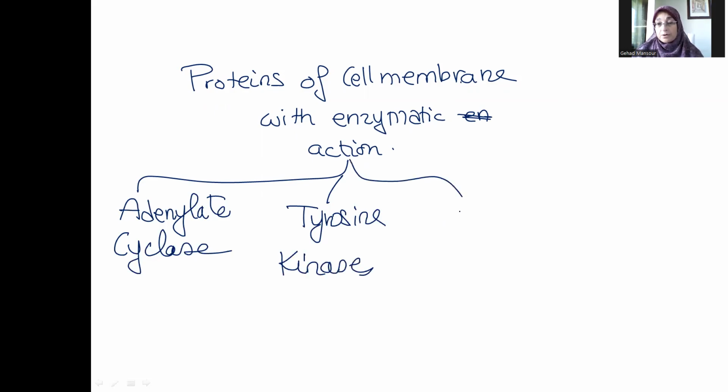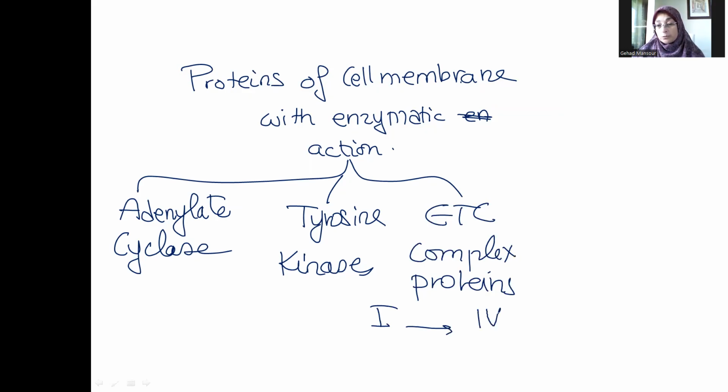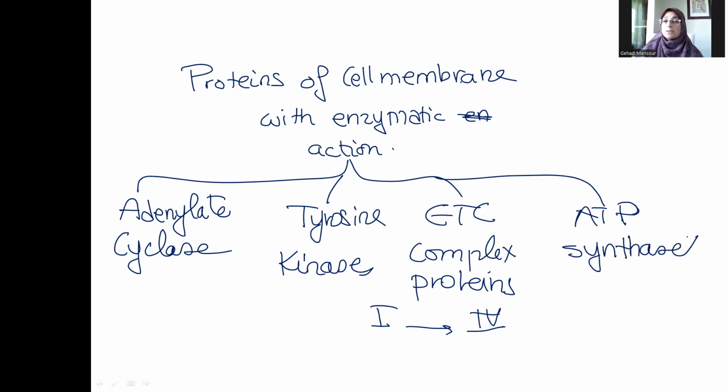We have seen the complexes of the electron transfer chain, the electron transfer chain complex proteins. They are enzymes from number 1 to number 4. And finally, we have the last member of the electron transport chain, which is the ATP synthase enzyme.